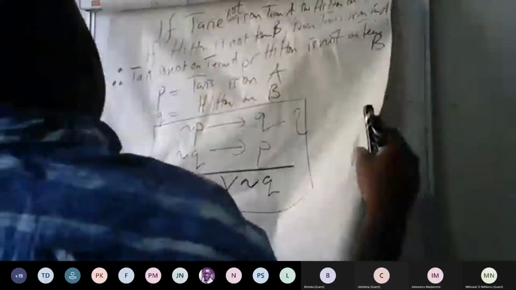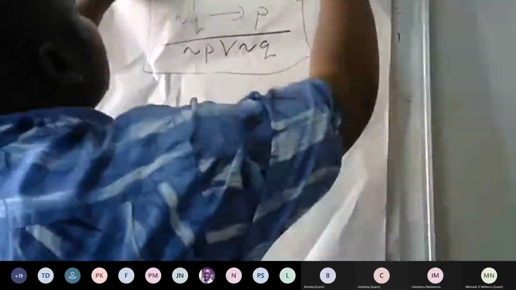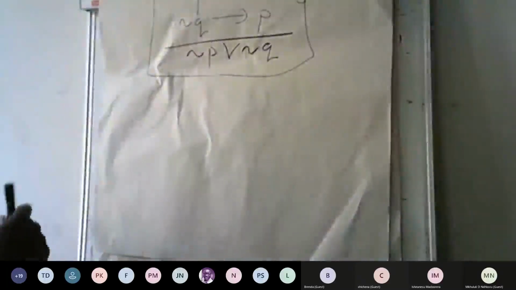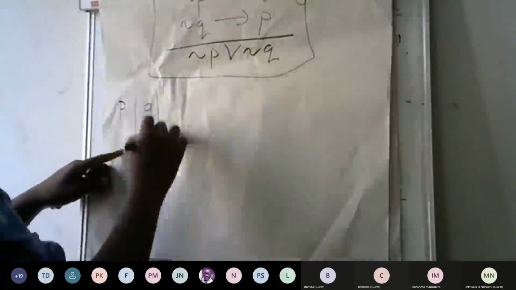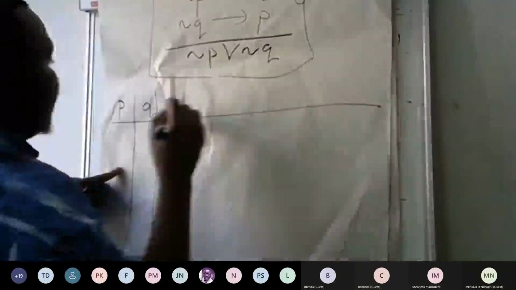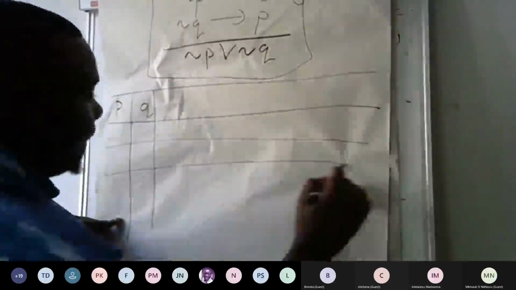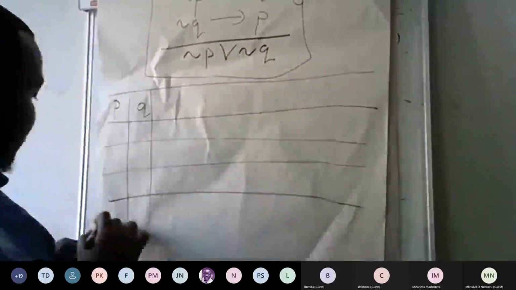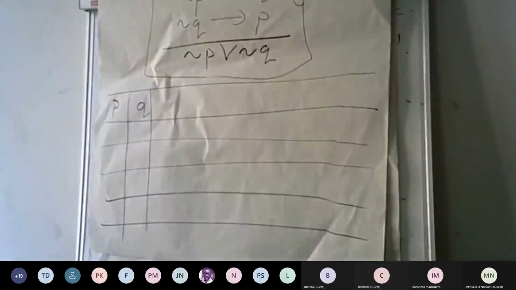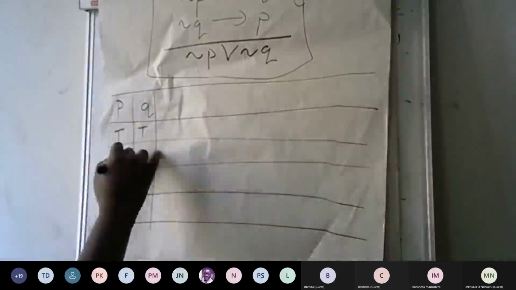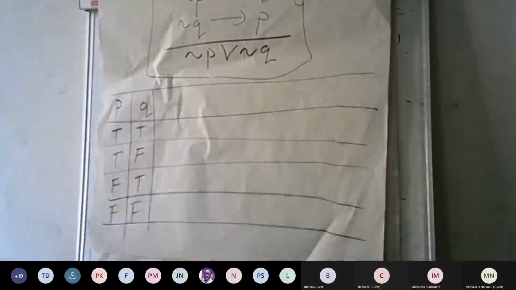I want to use that same space to come up with the truth table. I have two variables, P and Q, so I'm going to have 4 rows: true, true; true, false; false, true; false, false.